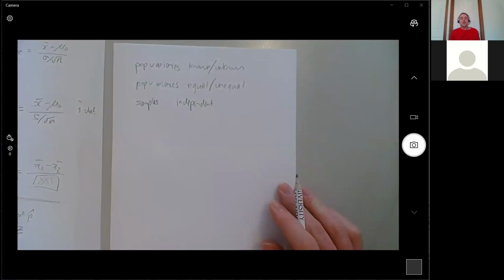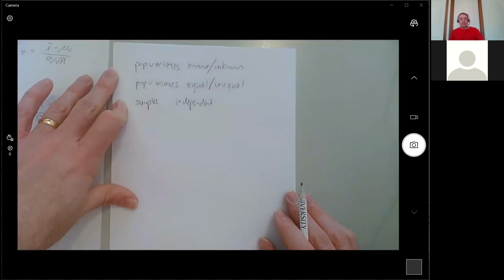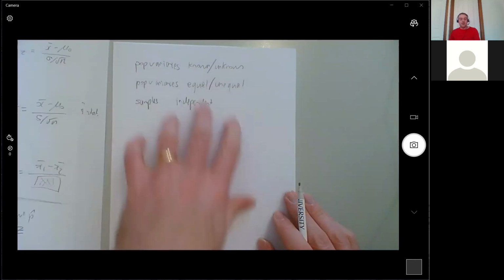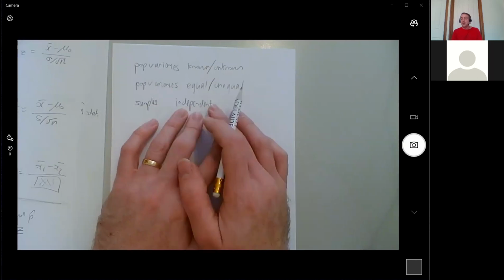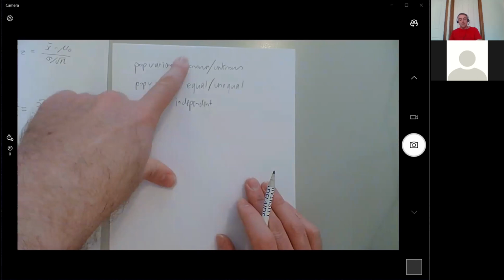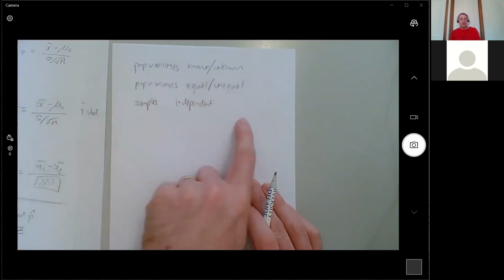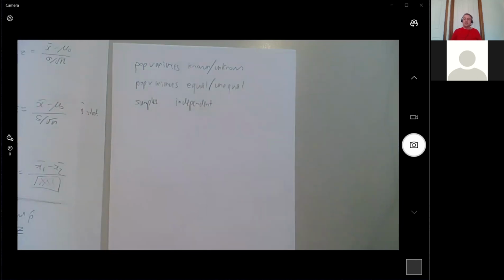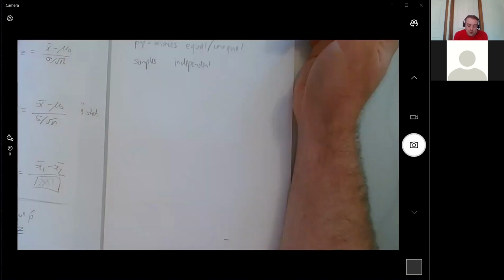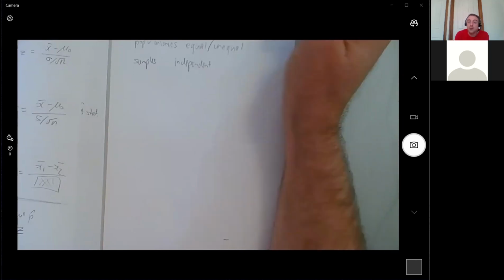So those are the things that we're going to need to be able to distinguish between. I presume that there's ones where they're not independent samples. So somehow the various combinations of known versus unknown, equal and unequal, and independent are all going to have different formulas to go with them. So that's what that question says to me.